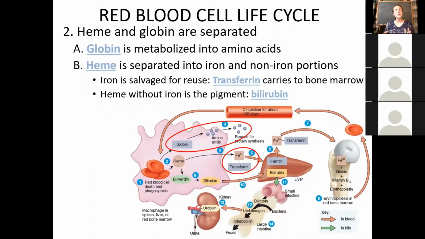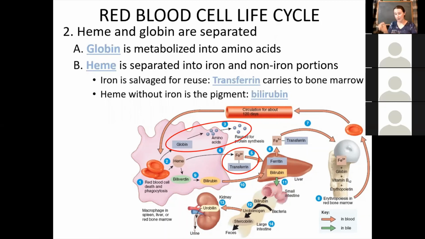A little bit more complicated than that is the recycling of the heme. Remember, the heme is the iron component. It's what actually binds to oxygen. There actually is another part of this molecule, and in the spleen, liver, and bone marrow, we can take the heme and break it apart.